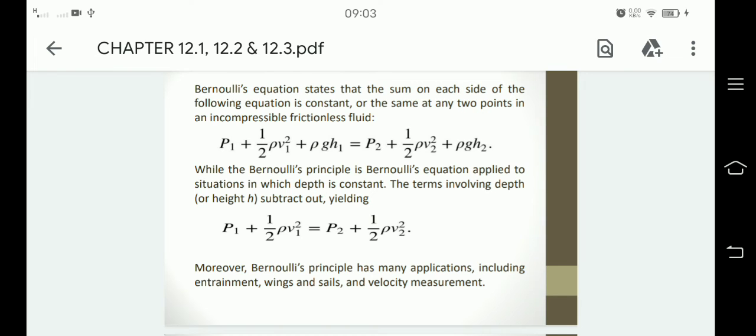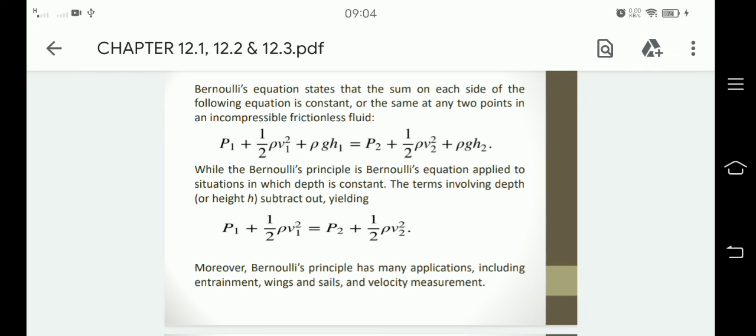And lastly, velocity measurement shows two devices that measure fluid velocity based on Bernoulli's principle. So the manometer is connected to two tubes that are small enough not to appreciably disturb the flow. The tube facing the oncoming fluid creates a dead spot having zero velocity, which is v sub 1 equal to 0 in front of it, while the fluid passing the other tube has velocity v sub 2.